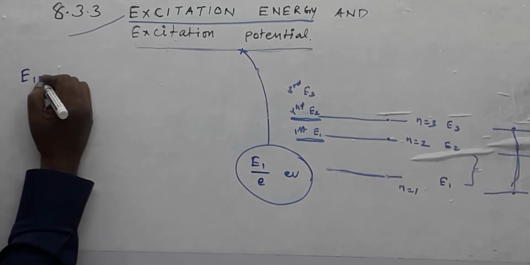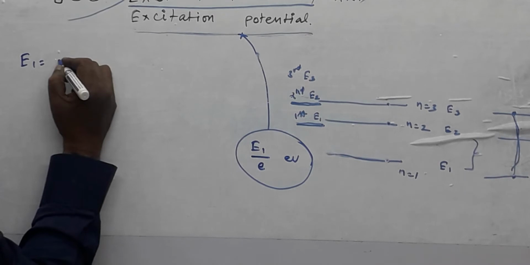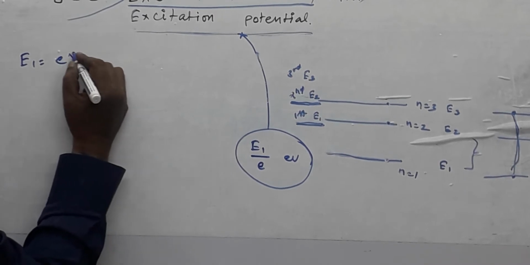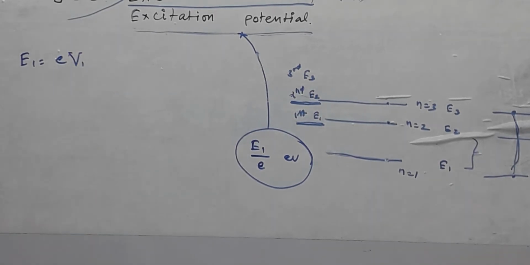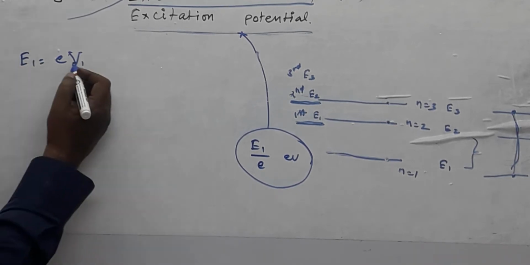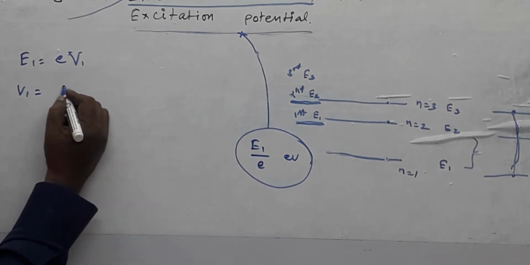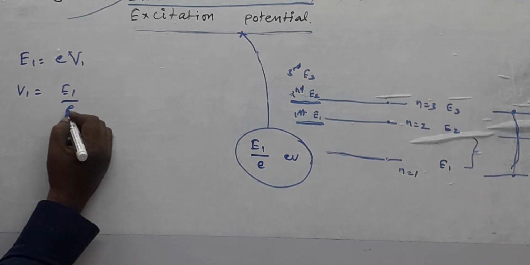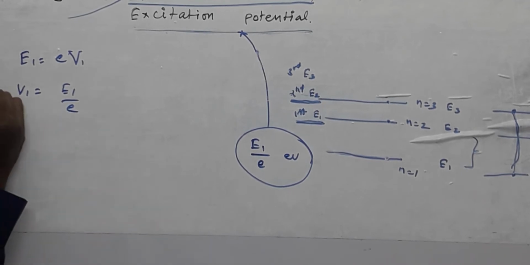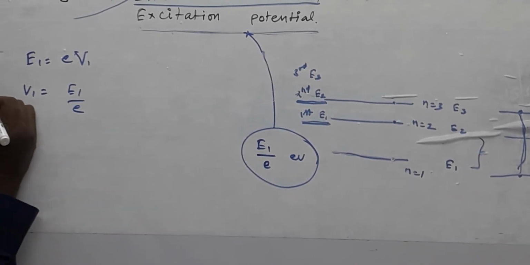E1 is e into V1. If you say first excitation potential, this is called first excitation potential, V1, which is equal to E1 by e.